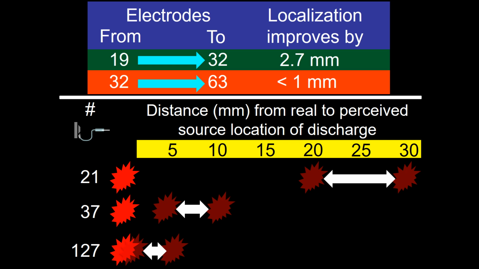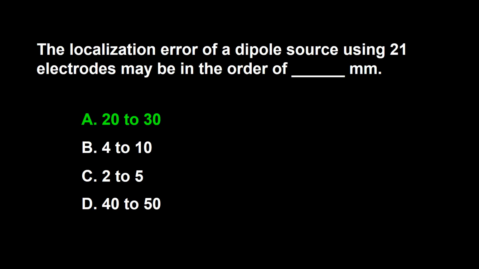The most widely accepted conclusion is that for precise localization, more electrodes are better than fewer electrodes, and that 21 scalp electrodes allows localization within about 2 to 3 centimeters of the real source. So the answer is A.